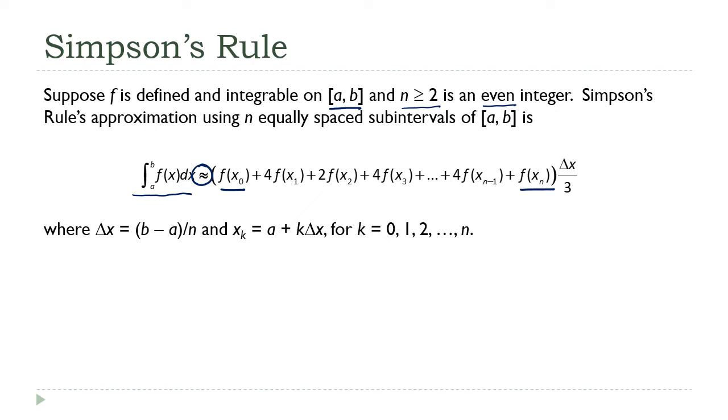It has to start with 4 times and end with 4 times. So this is going to require an odd number of endpoints, which is why the number of intervals has to be even. And we've got all the same setups down here. Delta x is b minus a over n, and this is just how those x sub k's are defined.